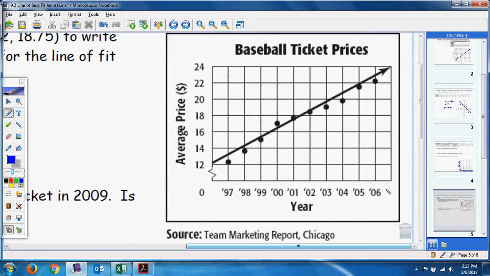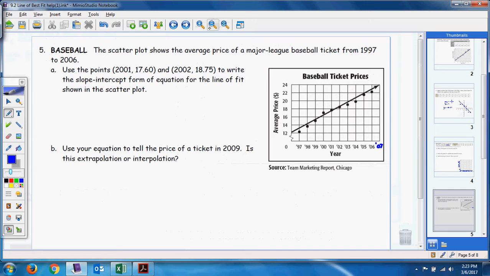So again, this would be 07, and then eventually 08, 09, and so on. Let me shrink it a bit. All right, so let's see here. Use the points 2001 and 2002 to write the slope-intercept form equation for the line of fit shown in the scatter plot. So again, we need m and b.